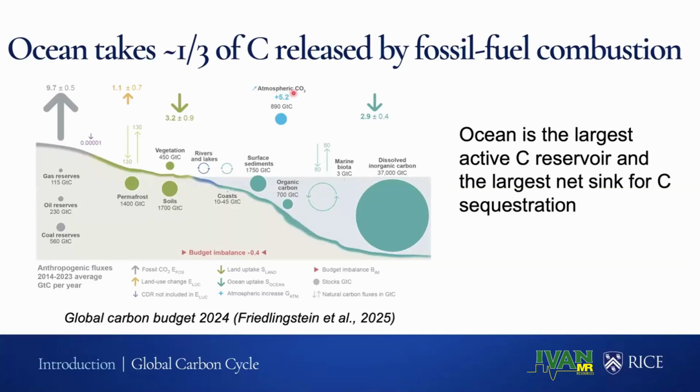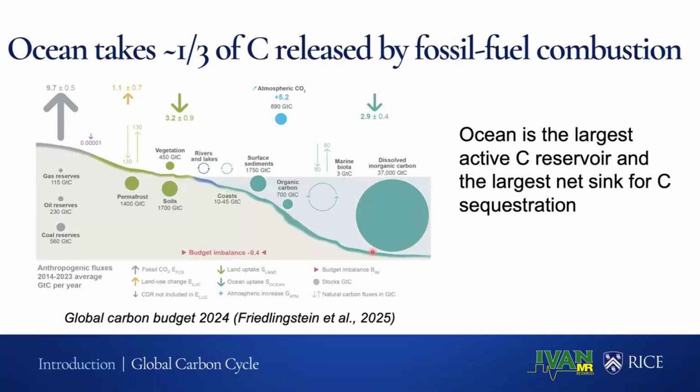Today's atmosphere contains around 890 gigaton carbon. The soils combined with the vegetation contain more than double the total carbon in the atmosphere and hold great potential for carbon sequestration, as mentioned by Azmarat. But they are small compared to the size of the ocean.